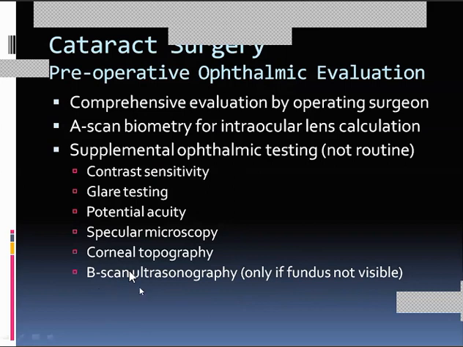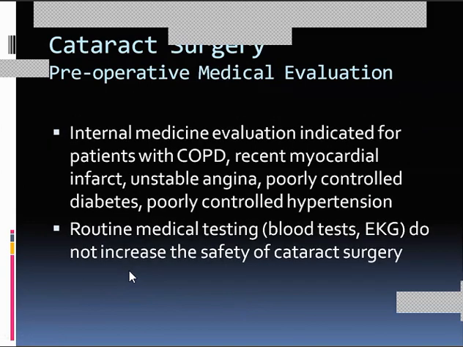So we have to do B-scan ultrasonography to see whether there is any pathology, how the vitreous is, how the condition of the retina is, whether there is any retinal detachment, to anticipate the vision of the person.